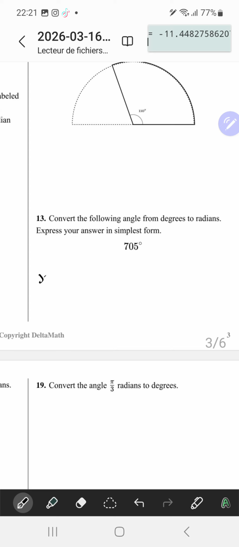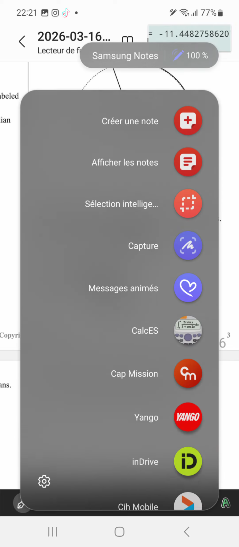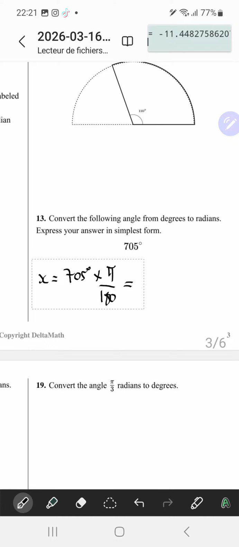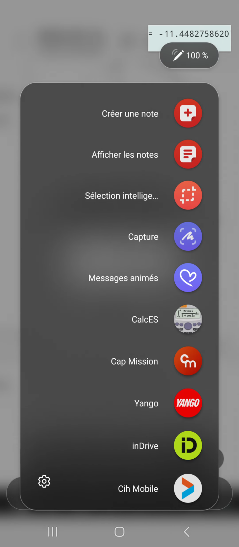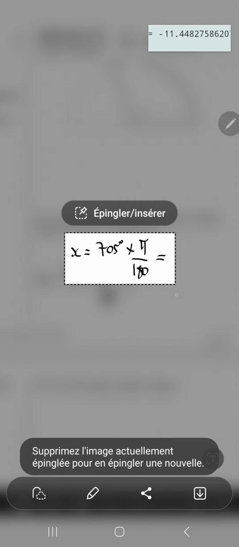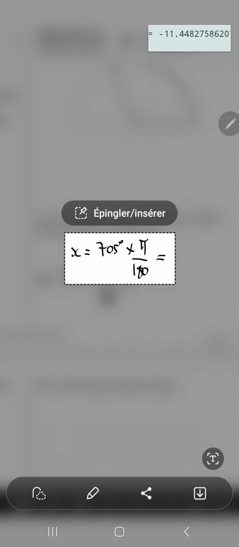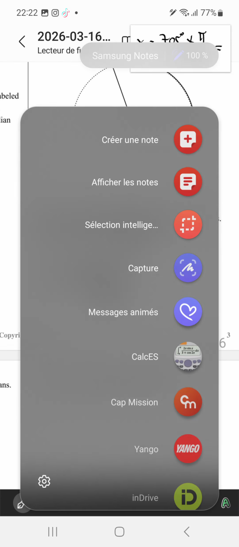So we know that we have just to multiply by pi over 180. So we will do the calculation by calculator. Okay.